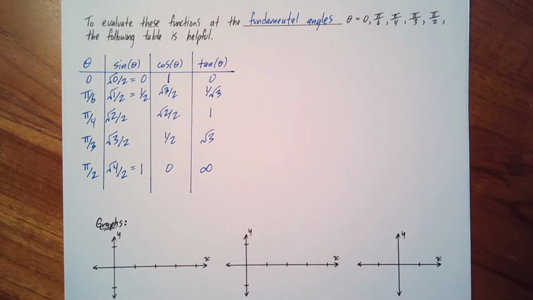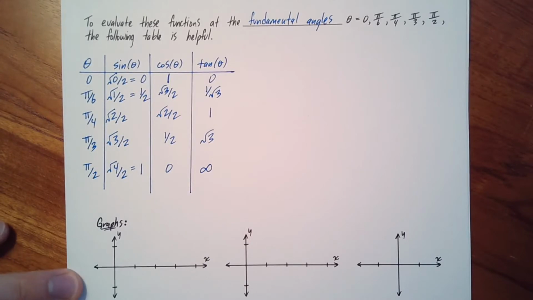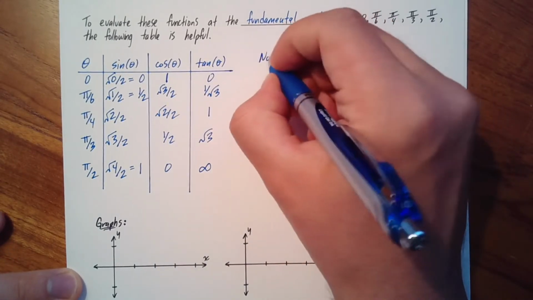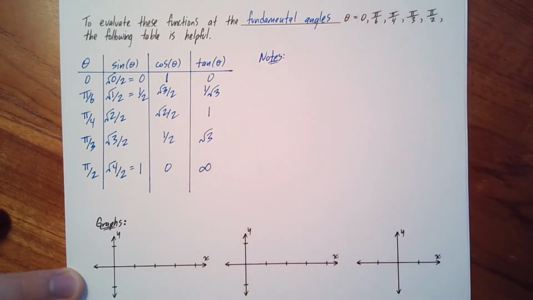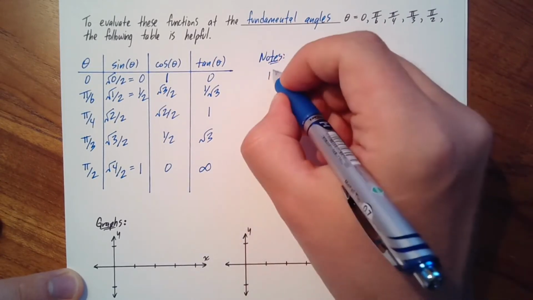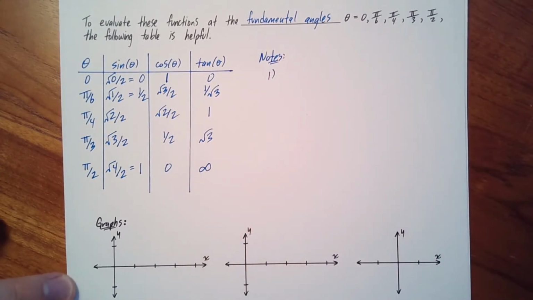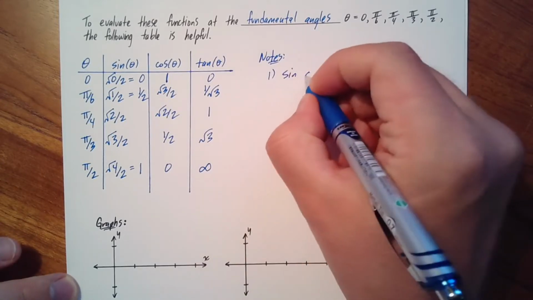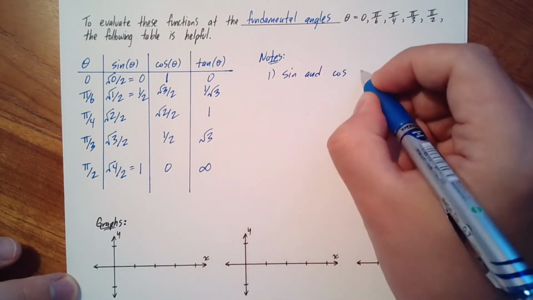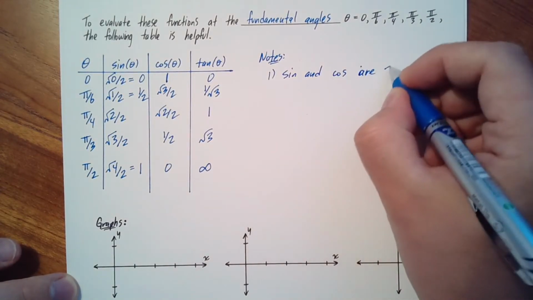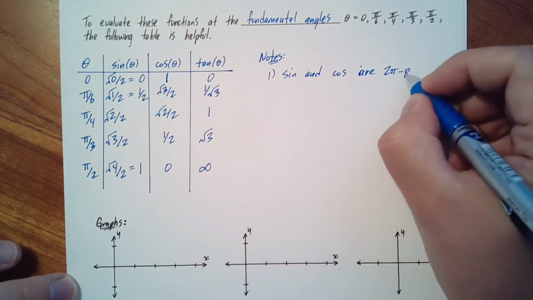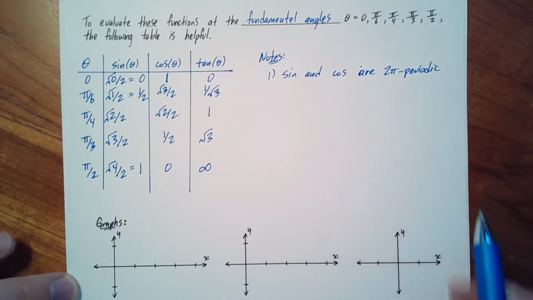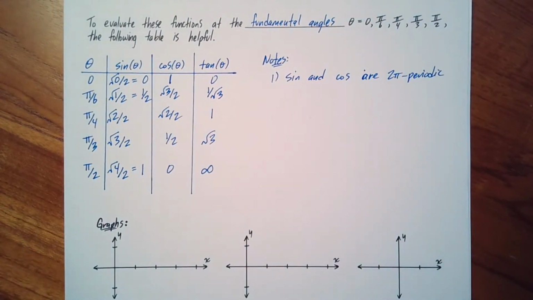Okay, some additional notes that I'll make about these functions. The first one is that sine and cosine are both what is called 2 pi periodic. So sine and cos are 2 pi periodic. Okay, so what does that mean exactly?